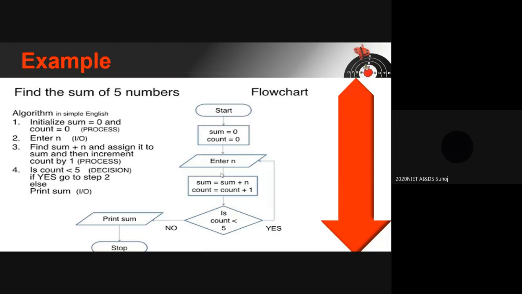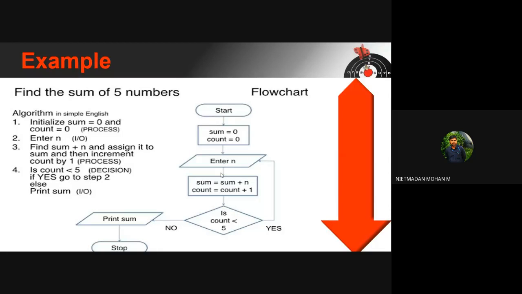Calculating the sum. Here it is mentioned as 5 numbers, and we want to initialize sum is equal to 0 and count is equal to 0, and we want to enter the n number. n in the sense 5 numbers, we want to enter step by step: 1, 2, 3, 4, 5.